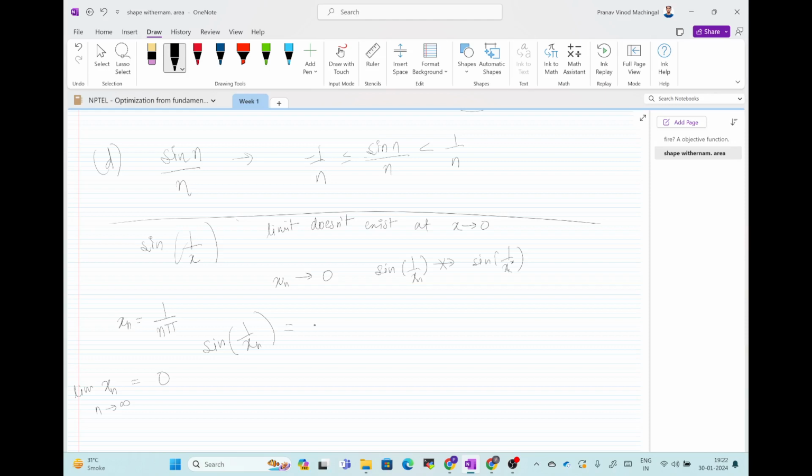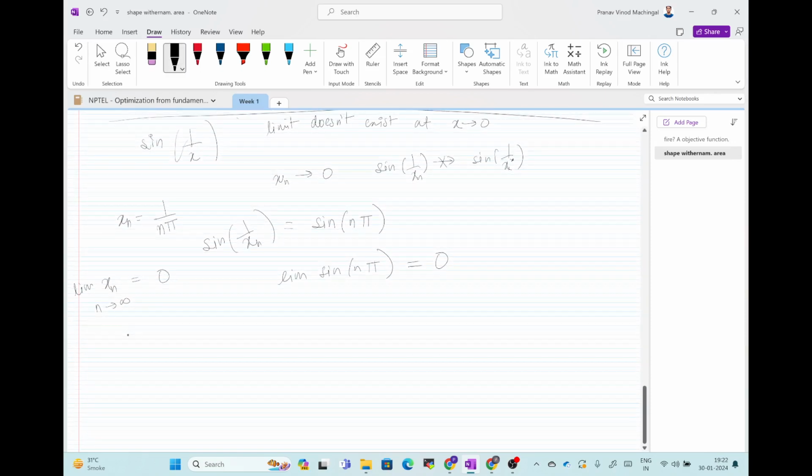And sine of 1 by xn is equal to sine of n pi. So the limit of sine of n pi is 0.